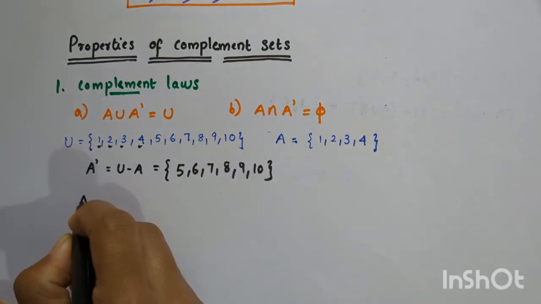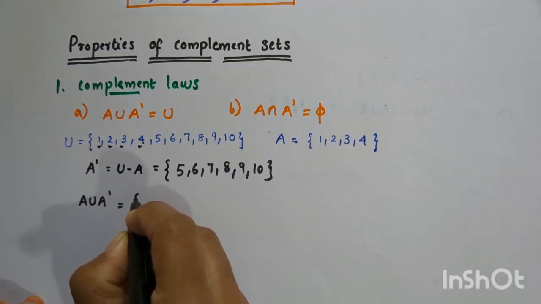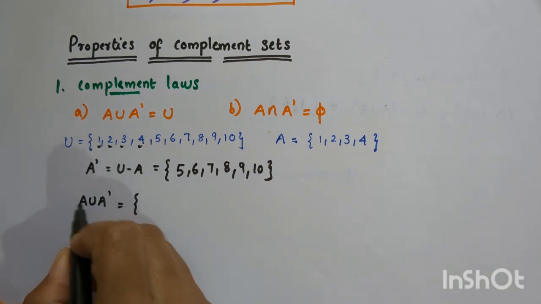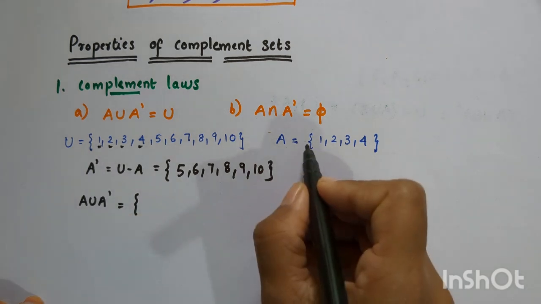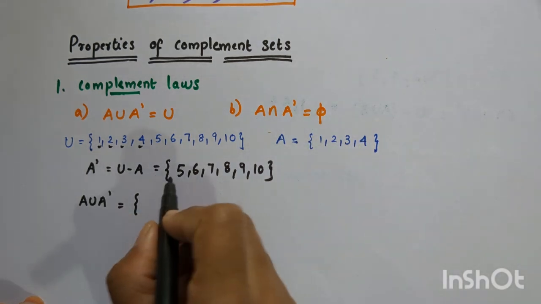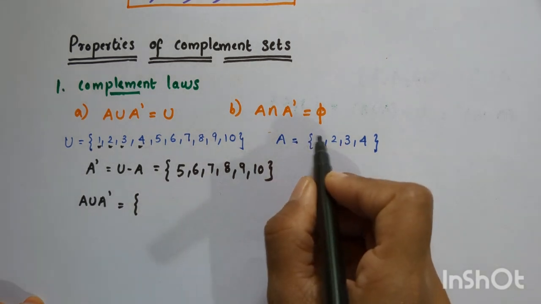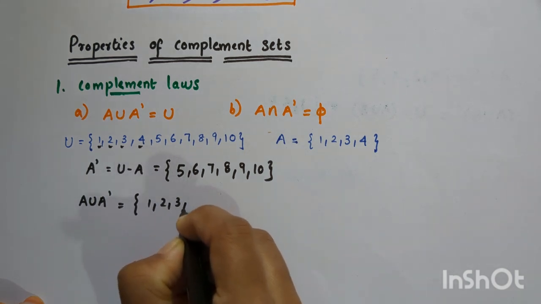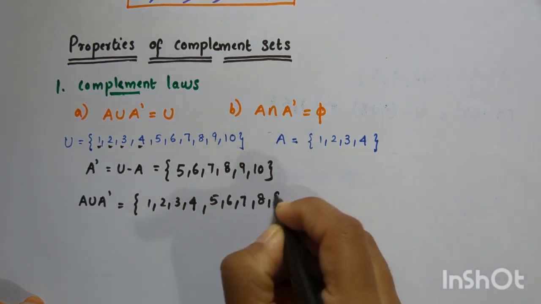Now, what about A union A complement? When you write the union of two sets, you have to write all the elements in A and A complement, but no need to repeat the elements. A has 1, 2, 3, 4, and A complement has 5, 6, 7, 8, 9, 10.